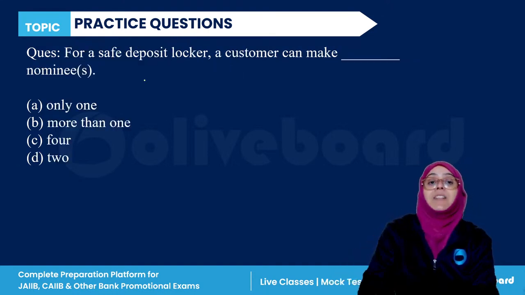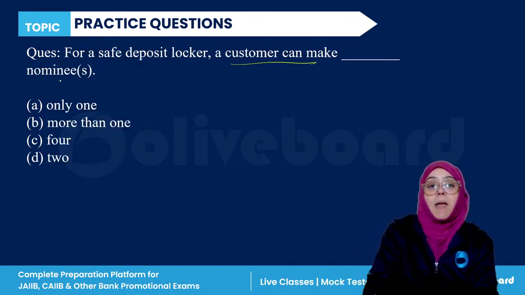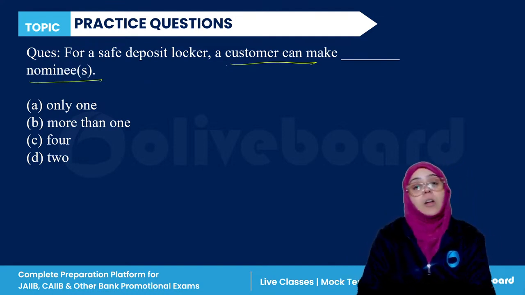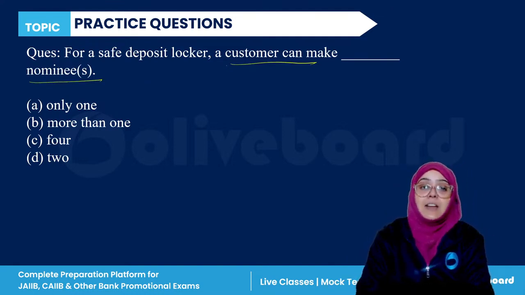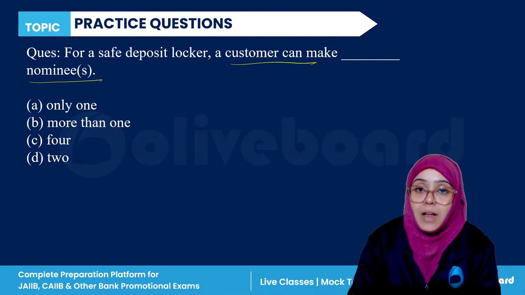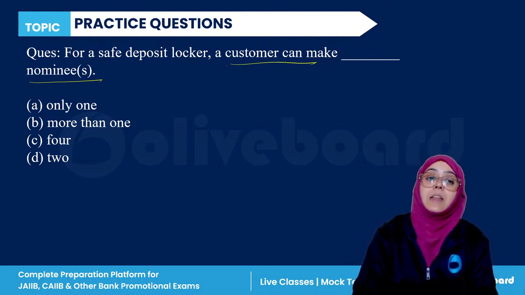Next question. For a safe deposit locker, a customer can make dash nominees. One, more than one, four, or two. In a safe deposit locker, a customer can make how many nominees?